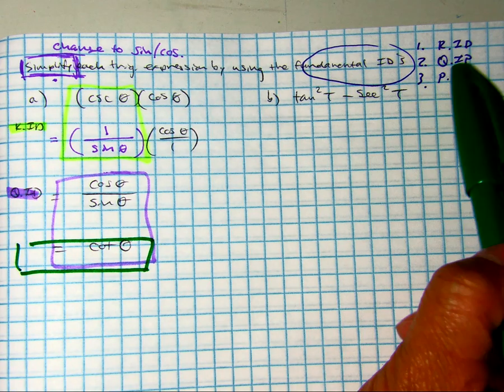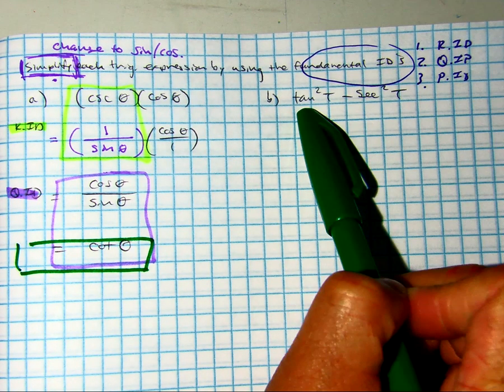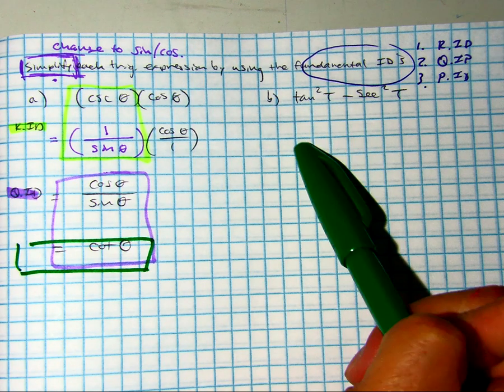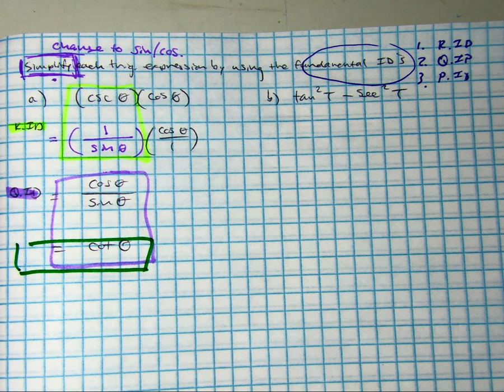Am I going to use the quotient identity? You could possibly turn that into sine squared t over cosine squared t, but I'm not going to. That means we're going to use the what? The Pythagorean identity. Taylor, your partner's name? Vincent. Which Pythagorean identity do you think we're going to use?